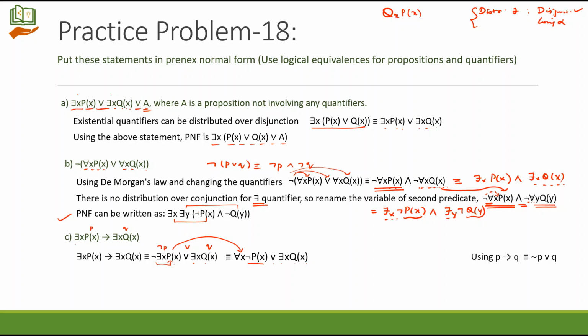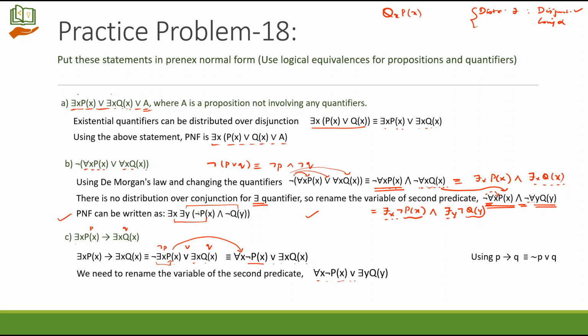Now you have to bring both the quantifiers outside. If you have the same variable, you cannot bring it out. But if you have different variables like in the previous sub-problem, we can bring it out. We need to rename the variable of the second predicate. This particular part will stay as it is. The disjunction is also as it is.